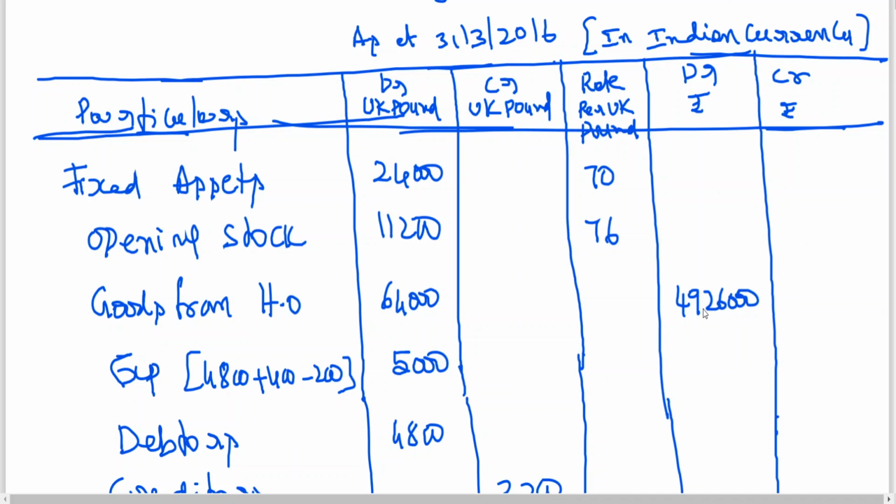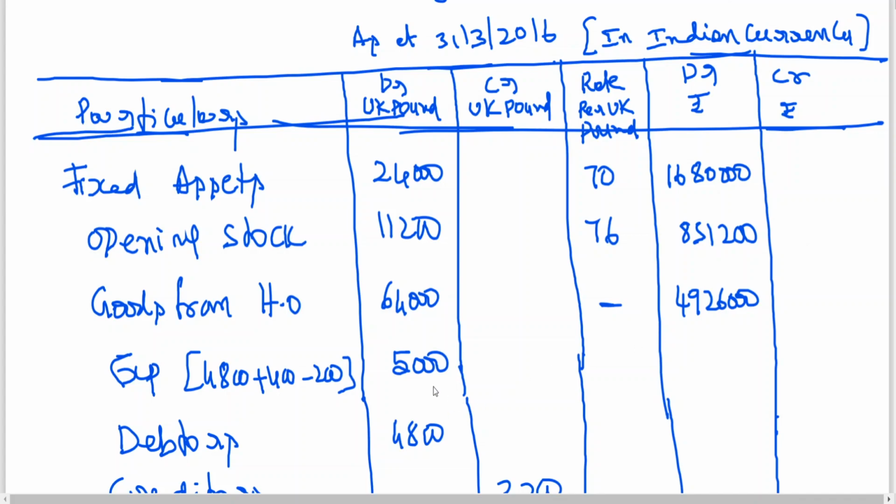I can also go for simultaneous calculation. So 24,000 into 70. I've already calculated, and I'm writing the values, my dear friends. In order to save time, if you have any doubt, you can cross-check. 11,200 into 70 is 8 lakhs 51,200. This is the actual.